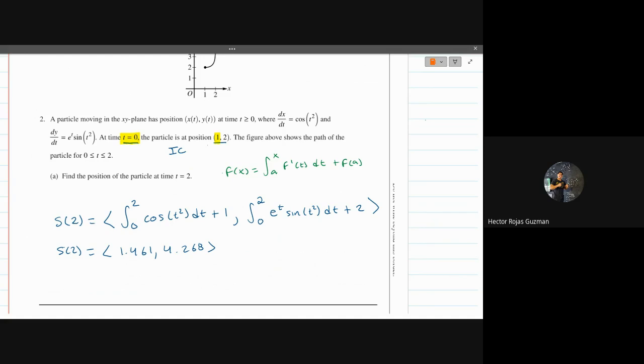I don't think it says the units. So 1.461, comma, 4.268 is the position of the particle at t is equal to 2.